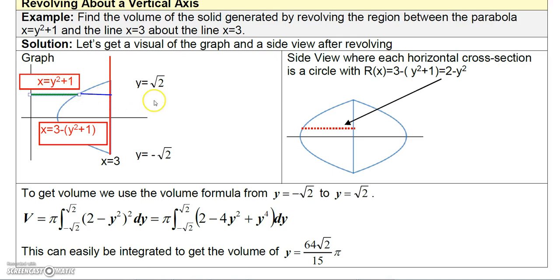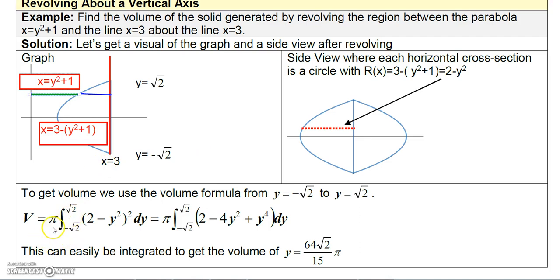So y would equal plus or minus the square root of 2. So that's why I've got the minus square root of 2 here, and the plus square root of 2 here. Remember, you're going to have all of these circular cross sections, but you're going to integrate them from y equals minus square root of 2 to y equals plus square root of 2. That's going to be the limits of my integration.